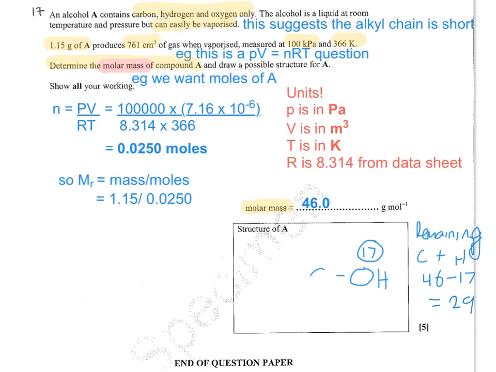So the way you can do this is to work out how many carbons and hydrogens go into that. So 2 carbons is going to be 24 and 5 hydrogens is going to be 29. So that's how you deduce what the structure might be: taking your molar mass and looking at the functional group, which is technically the heaviest part in this case of the molecule, and then the remainder is going to be 29. So the 29, if we highlight it in a slightly different colour like that, that's going to be this part here.